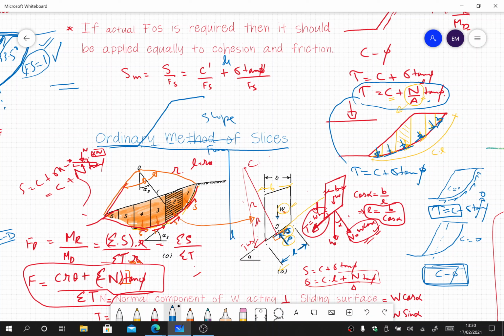Just like in purely cohesive soil, we simply used one cohesion value for the whole length and multiplied it with the length of the arc to find the total shear resistance offered by the soil mass. But in this case, because N is changing at every instant along the failure plane due to the change in orientation, we cannot use one common value for the whole length.